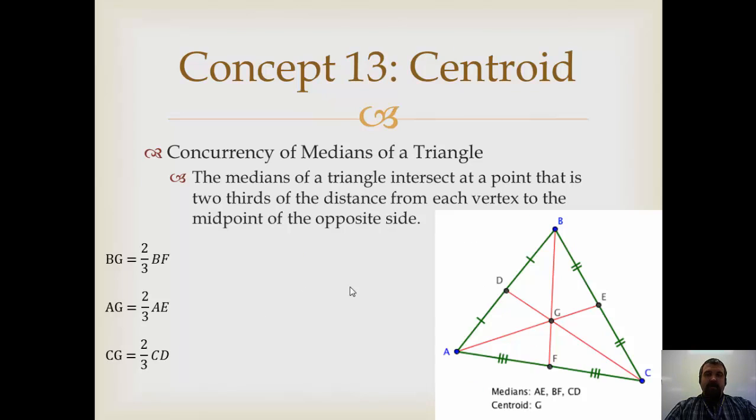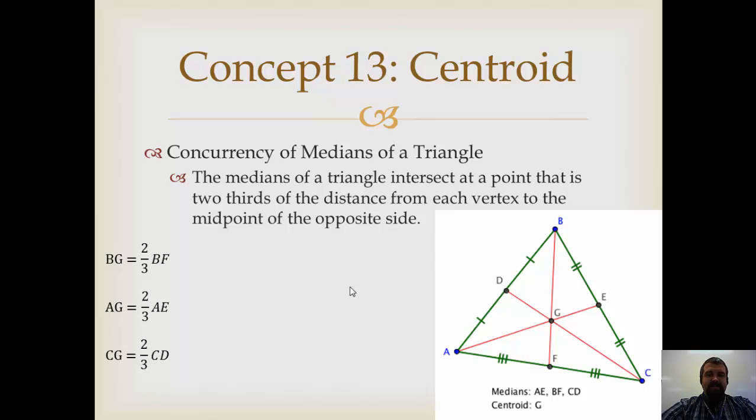However, when we talk about the centroid, the point of concurrency of the medians of a triangle, there's something that will take a little bit more work to get down. The concurrency of the medians of a triangle: the medians of a triangle intersect at a point that is 2/3 of the distance from each vertex to the midpoint on the opposite side.